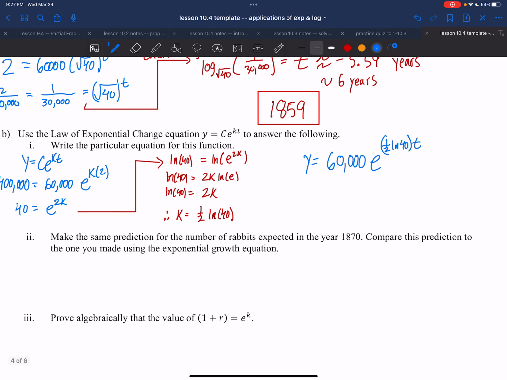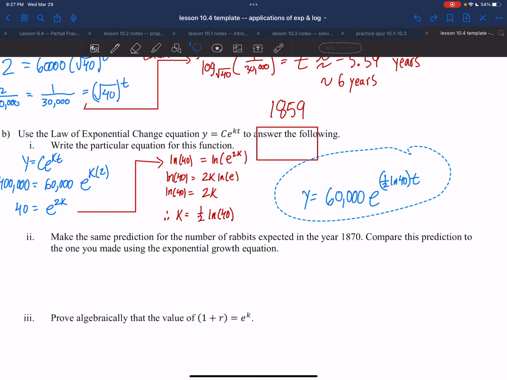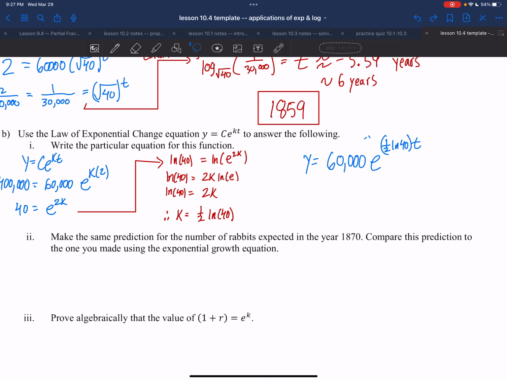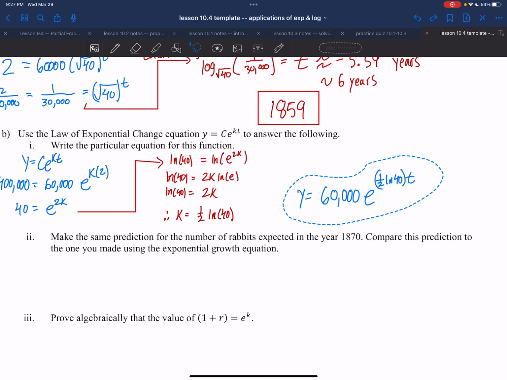That's your particular equation. I don't want you rounding that, all right? Do not round 1/2 natural log 40. You say, why, Mr. Spake? For accurate predictions. I want to make accurate predictions.